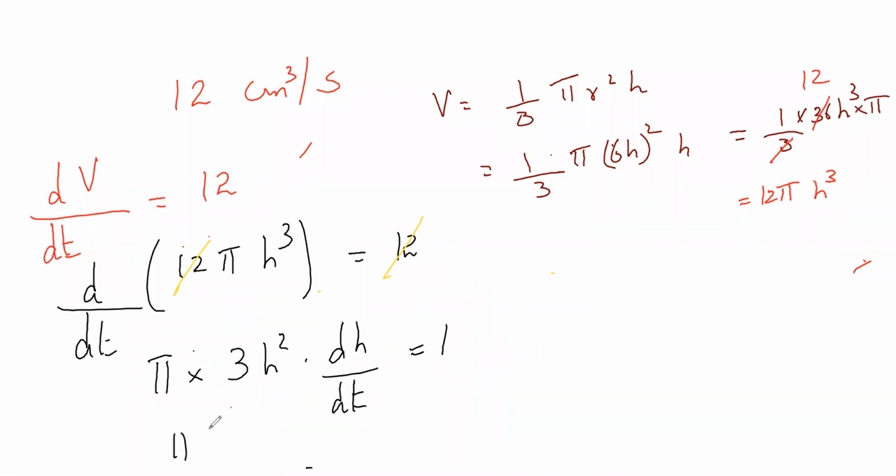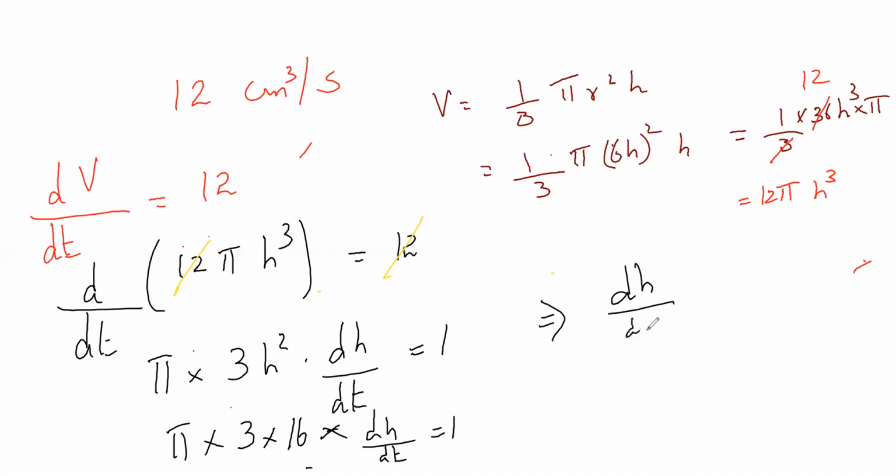So pi into 3 into 4 square, which is 16, into dh by dt equals 1. 16 3s are 48. This implies dh by dt is 1 by 48 pi.